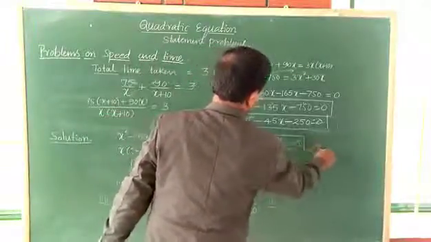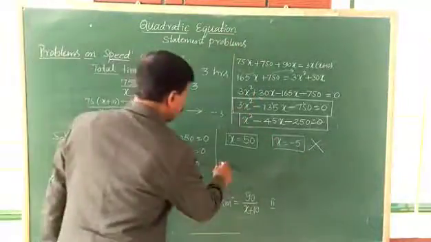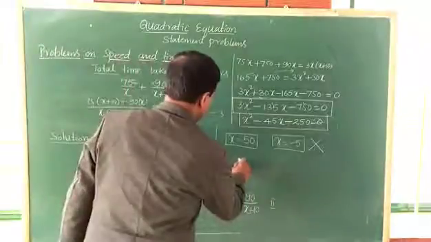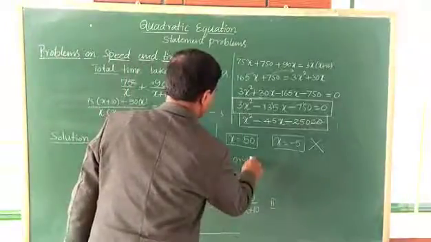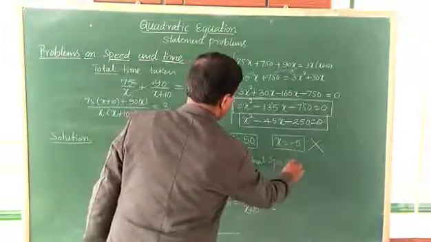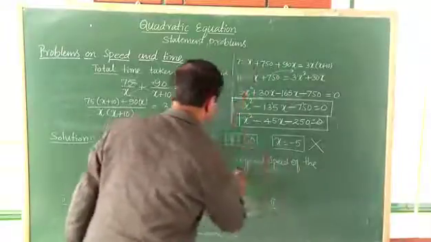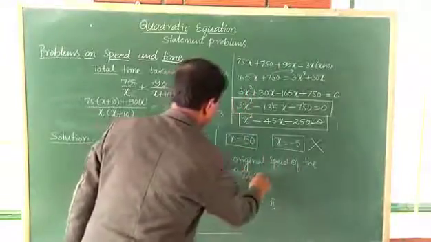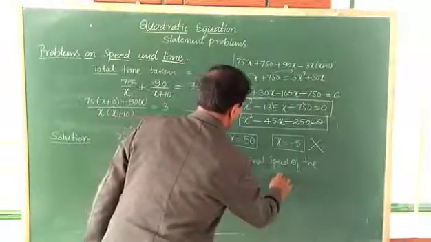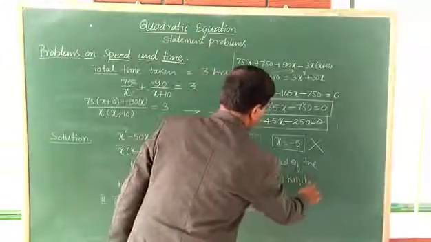The speed cannot be negative. Therefore, the original speed of the bus is 50 kilometer per hour.